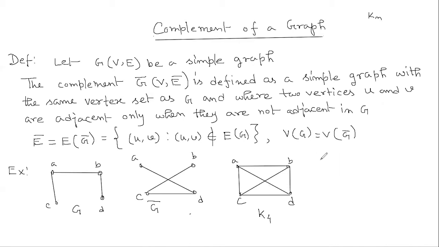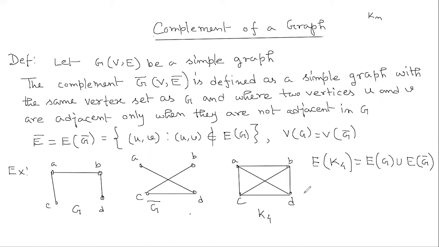So here we can take the edge set of K4 as the universal set, and with respect to this universal set we are taking the complement. So EK4 is actually equal to the union of EG and EG bar.